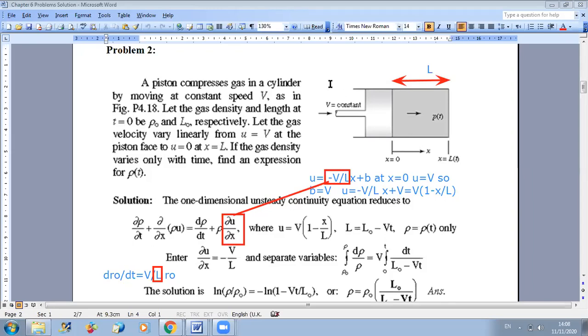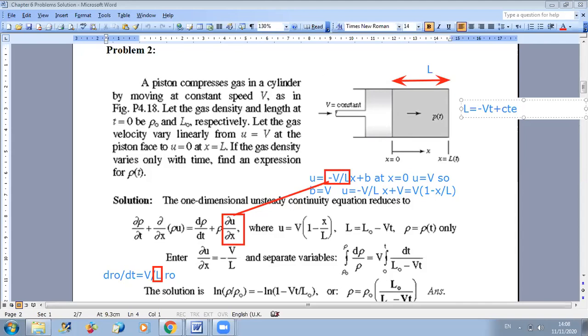The variation of L at any time is equal to minus Vt, because it is decreasing at velocity V, plus a constant.